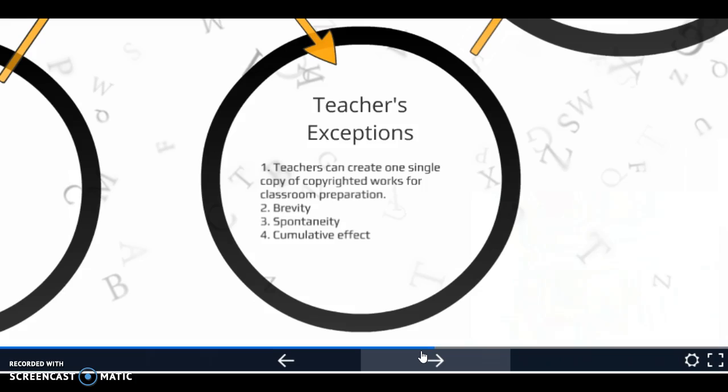And then the cumulative effect. What we're really talking about there is increasing to additional parts. Did I increase what I was presenting? Did I increase it based off of what I took from? So you can see how the teacher's exceptions meet in line with the 4 factors from the fair use doctrine.